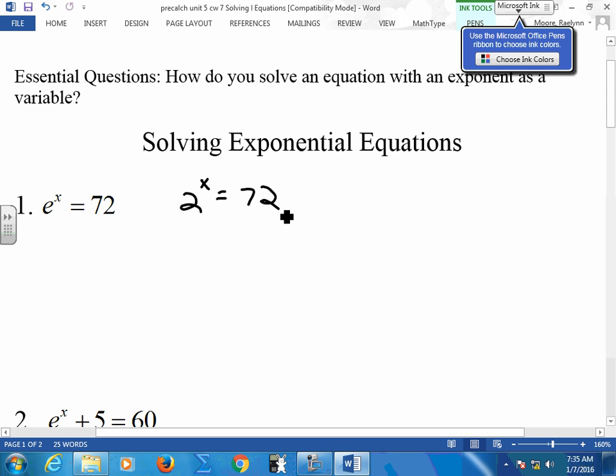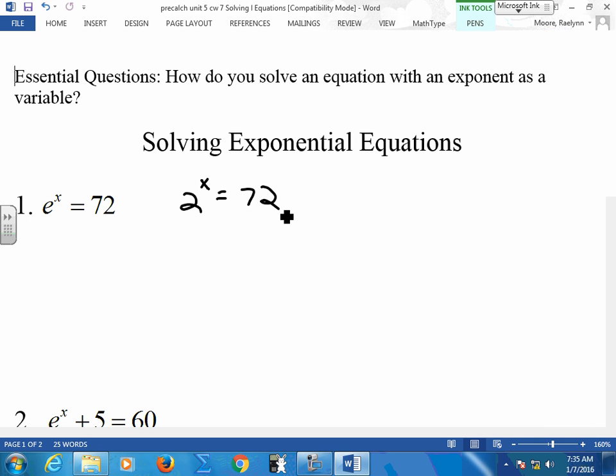Okay, so what would I do to solve the right equation? Can I drop 72 to a base of 2? 72 to the what power? Right. Nope, so I can't drop it, so I can't go into an exponential equation.